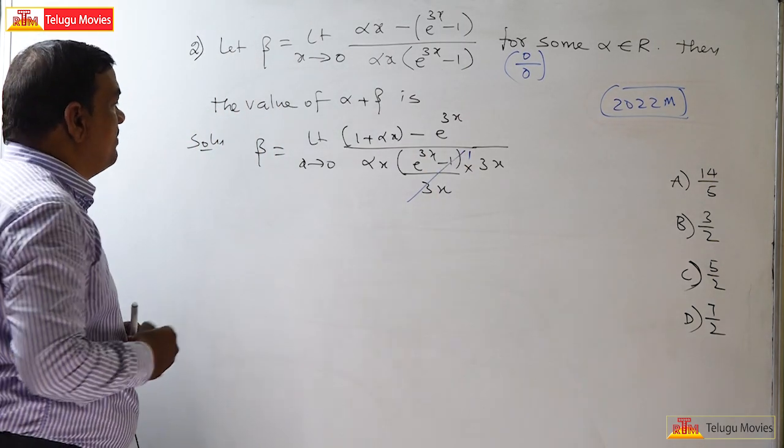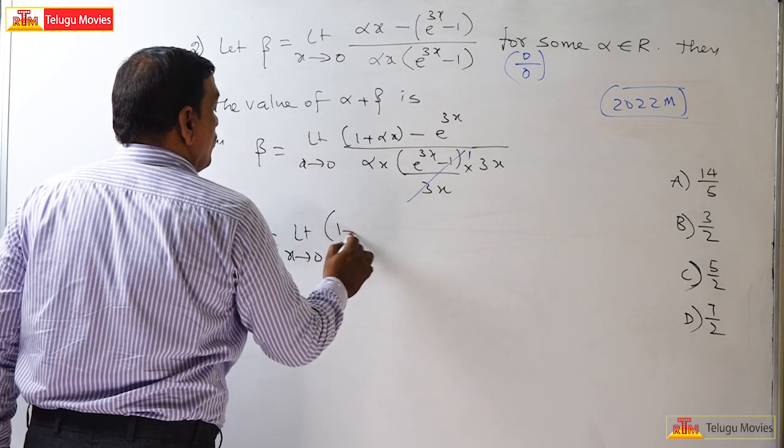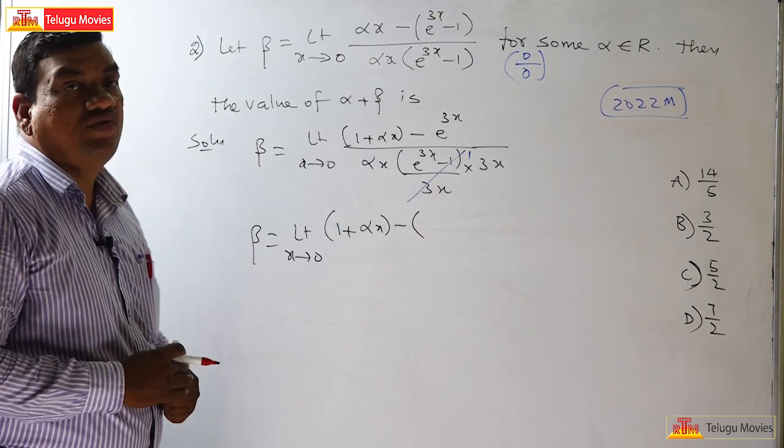Now what is the remaining thing we have in the numerator? Limit x tends to 0, 1 plus alpha x minus the expansion of e power x.